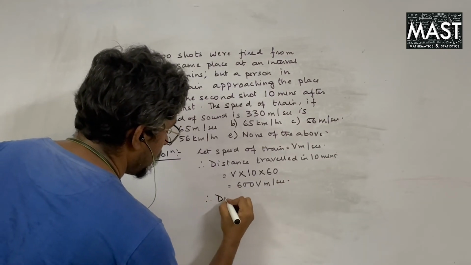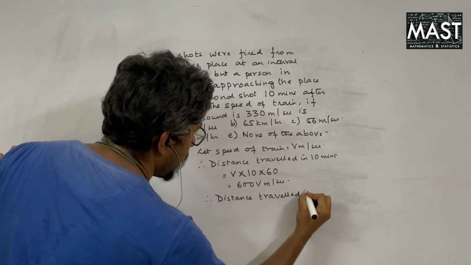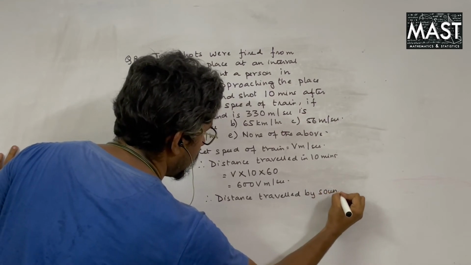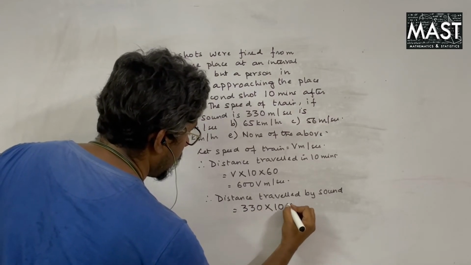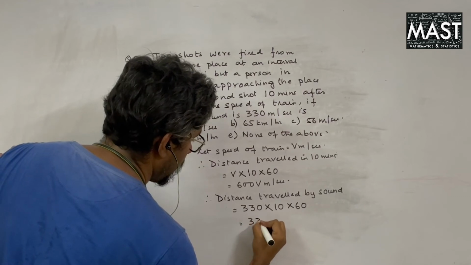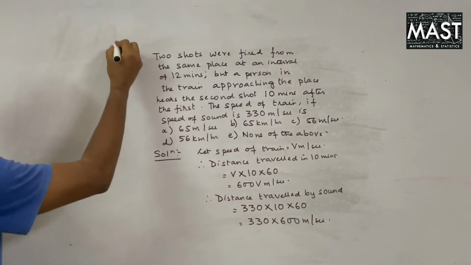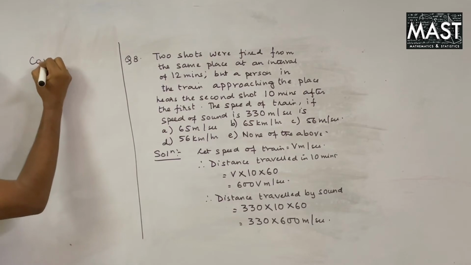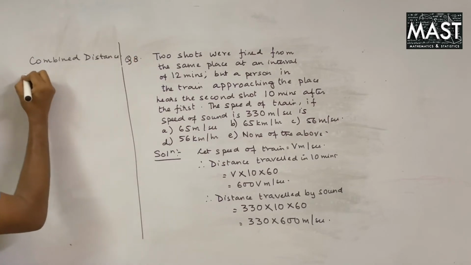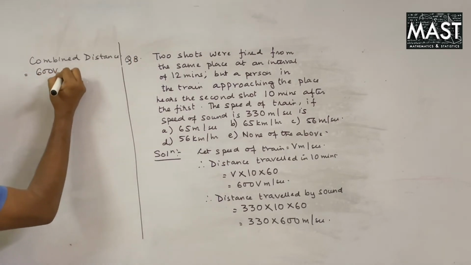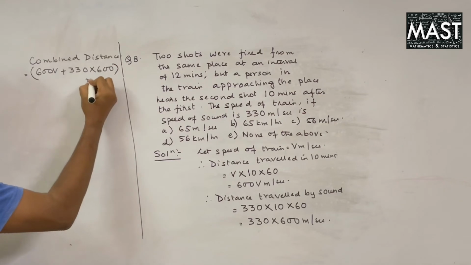Similarly, the distance travelled by sound, so the combined distance would be 600v + 330 into 600 meters.